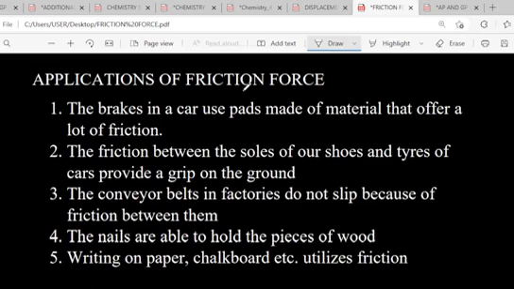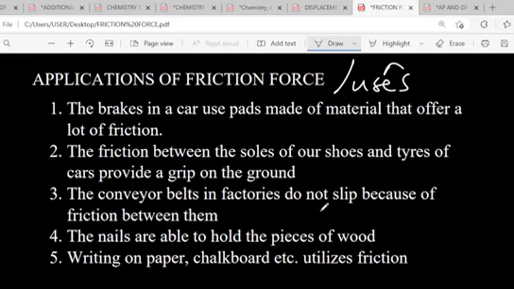Then the applications of frictional force: the brakes in a car use pads made of material that offers a lot of friction force. Brakes use friction force so that the tyre stops. Other uses of frictional force: the friction between the soles of our shoes and the tires of the car provides a grip on the ground, and the conveyor belts in factories do not slip because of frictional force between them.